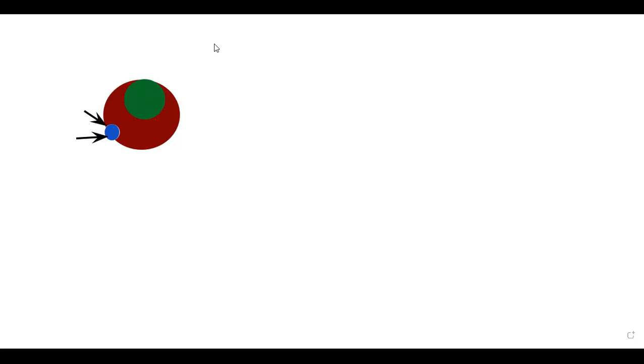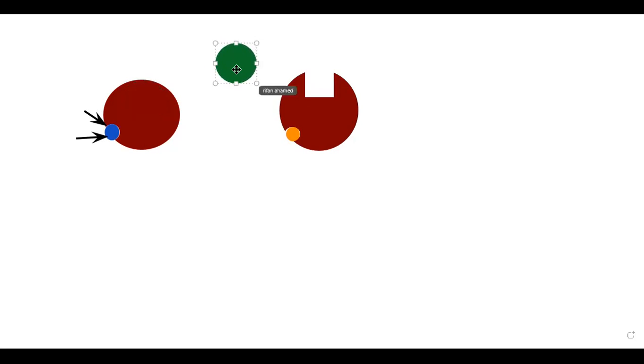Same time, to the same enzyme molecule, to the regulatory site, if an inhibitor binds, then the shape of the active site will be changed, unsuitable for the substrate. Understood? Yes, sir.